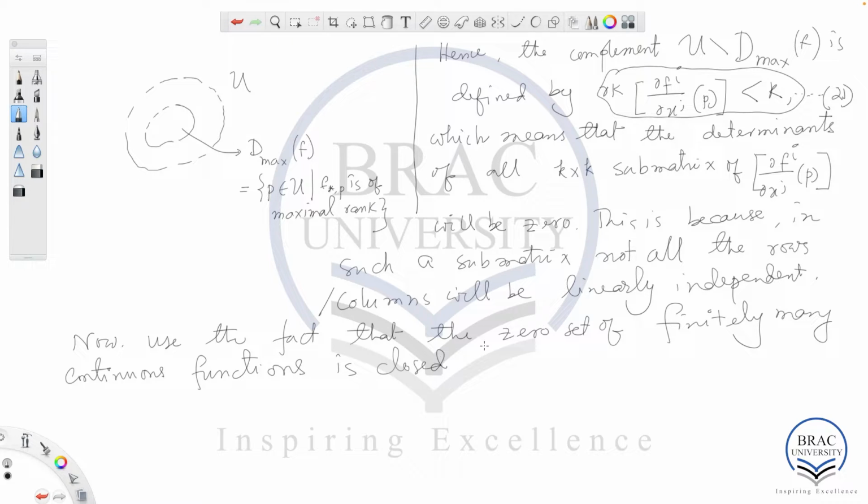Okay, so let me elaborate on that. Suppose f1, f2, all the way up to fn are n functions from a topological space X to the set of real numbers, and we want each of these functions to be continuous. So these are continuous.